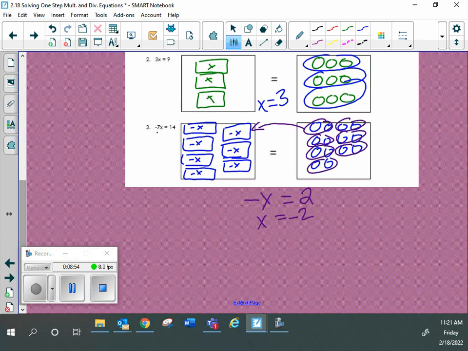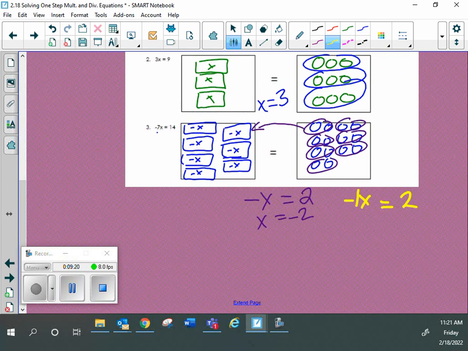Okay? Another way, a more mathy way, again, negative X is equal to 2. This is going to seem weird, but let's start with what number could I put with that negative X? 1. I could put a negative 1X. Now, this is getting into the math, which is where we're going to get to in just a few minutes. But in these other problems, Lana said that we're basically just dividing to solve these problems, right?